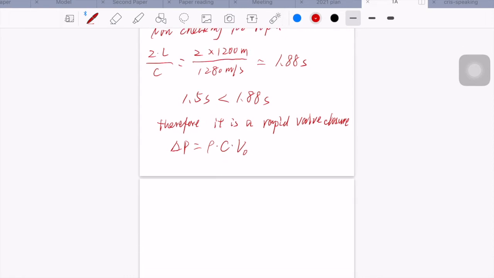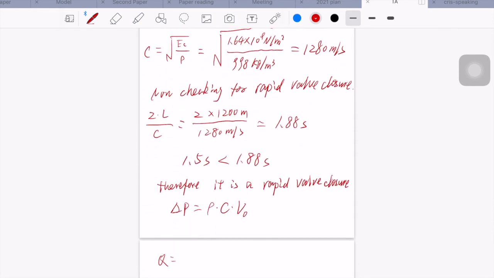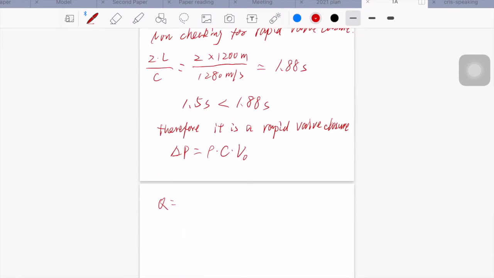And we know the initial flow rate in the pipe equals 1.35 cubic meter per second, and when the diameter of this pipe is 0.5 meter, we can calculate the velocity equals Q divided by pi times D squared divided by 4. So the value is 6.88 meter per second.